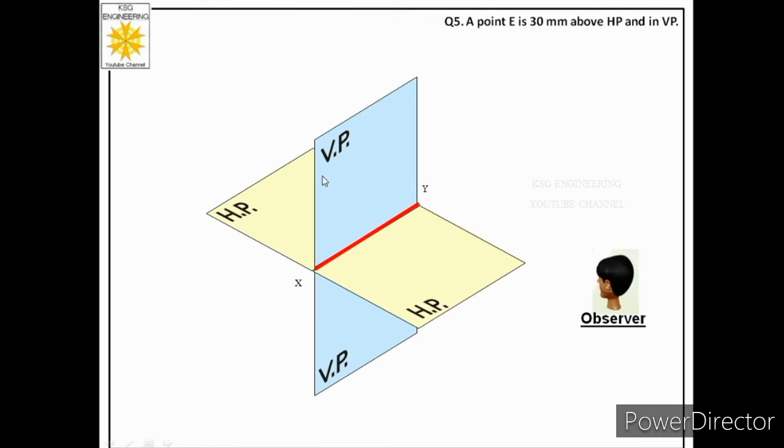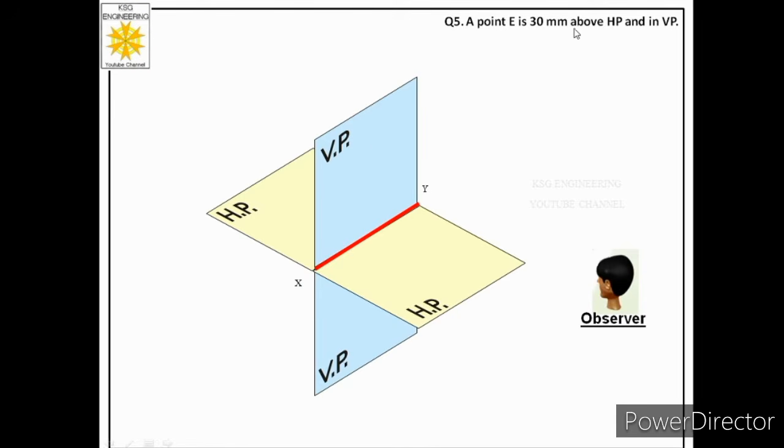Over here we are shown two planes, one is the vertical plane and the second is the horizontal plane. Now focus on the vertical plane. For the vertical plane we have two halves, one half is above HP and the other half is below HP. When he says in VP, we have to think about which half of VP he is talking about.